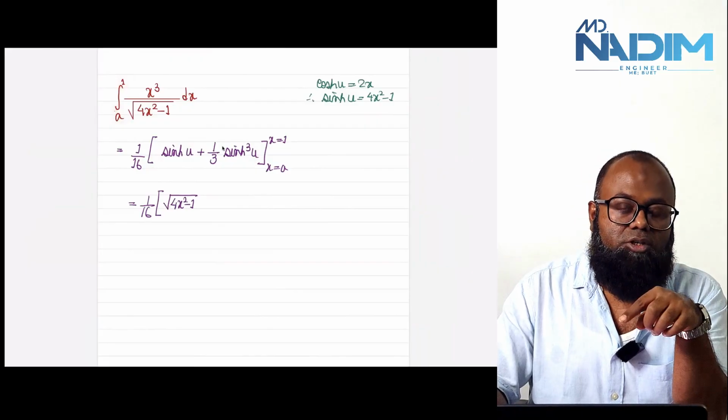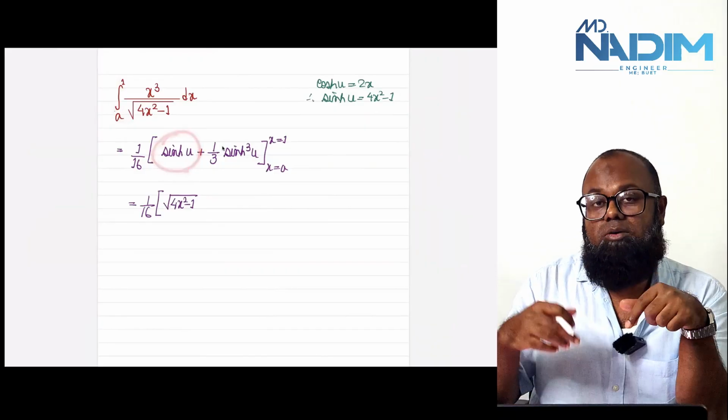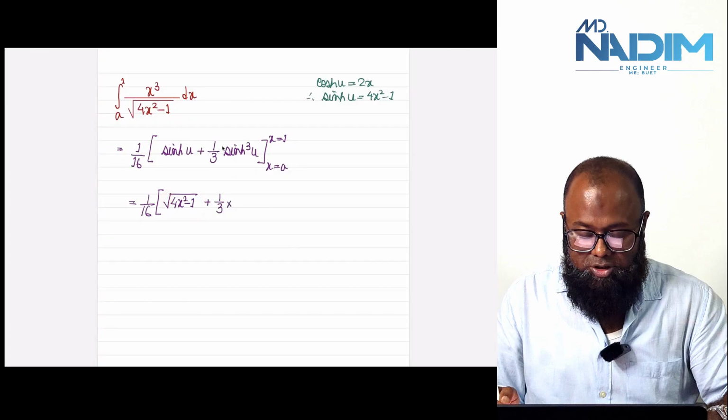So what I am doing here, I'm converting the u's into x's, and then I will put the limits of x here. So this is sine u plus 1/3 of this to the power 3.